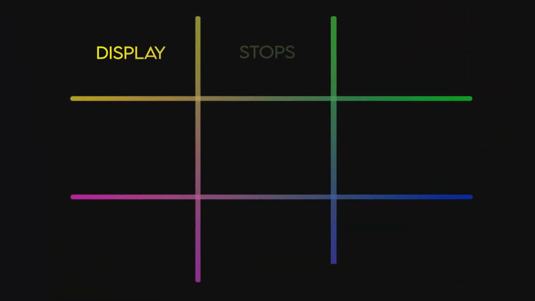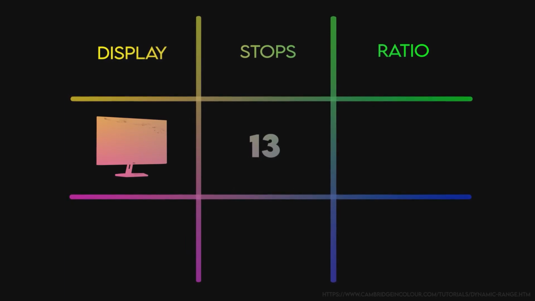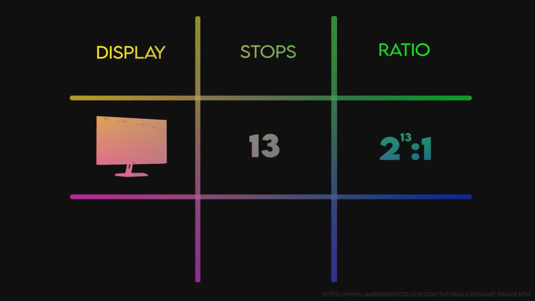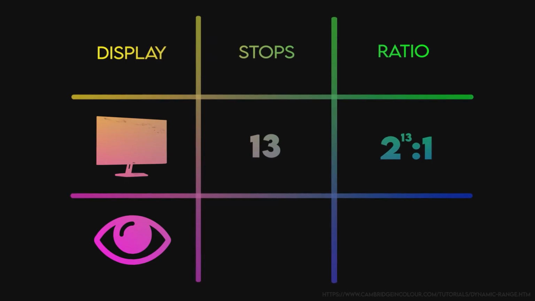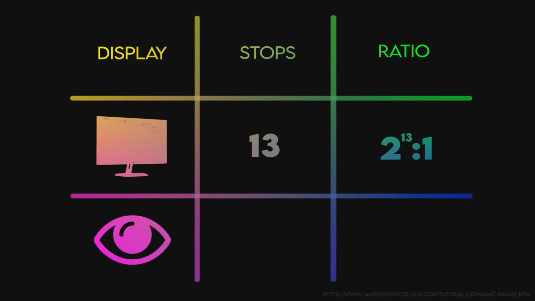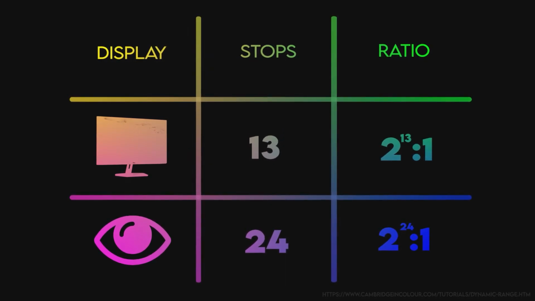How does this all apply to human sight? Well, a good HDR screen nowadays hopefully displays video at 13 stops of dynamic range, or a ratio of 2 to the power of 13 to 1. The human eye is capable of dilating back and forth and therefore has a variable dynamic range which at its peak can span to about 24 stops of dynamic range, or a ratio of 2 to the power of 24 to 1.